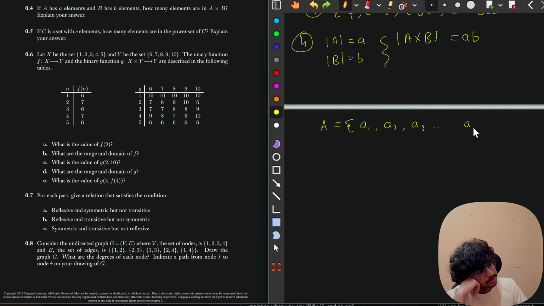A elements, right? So I'm going to write A. That's weird. Let's just rewrite things as m and n. Much nicer.